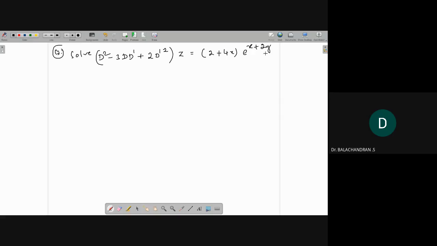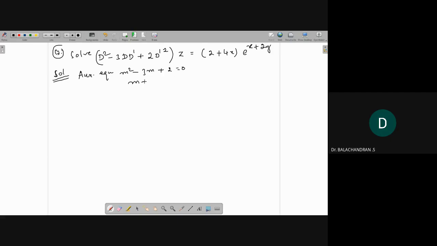So this comes under which type? Type number? This comes under type 4 because exponential and polynomial are here. So the auxiliary equation is m square minus 3m plus 2 equal to 0.